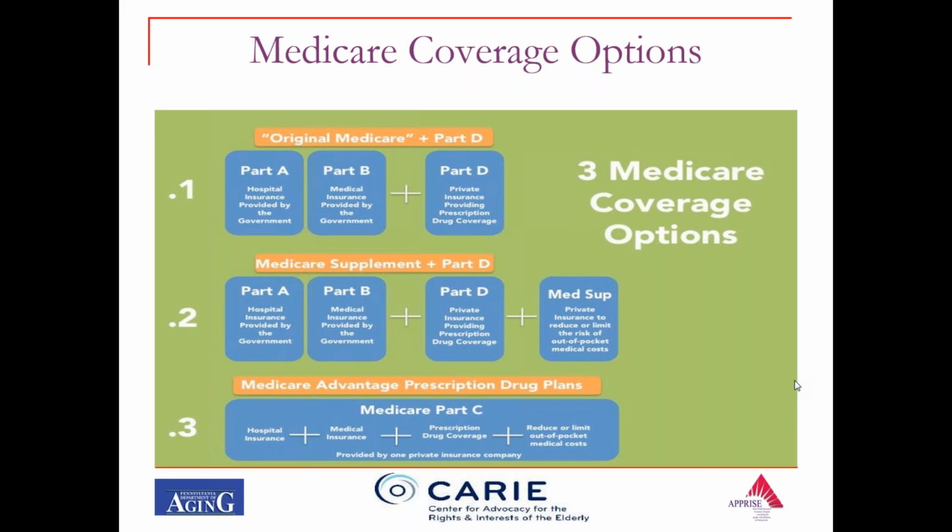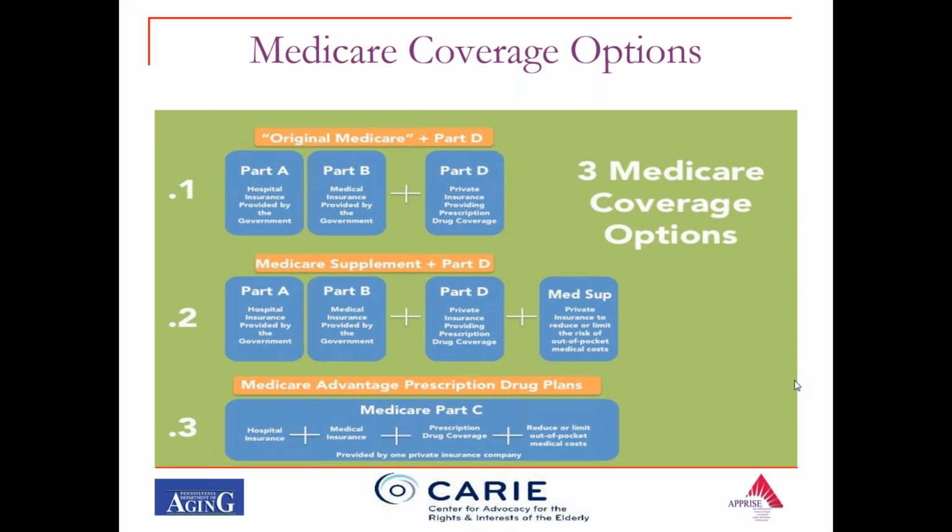Option one is having original Medicare, your red, white, and blue card, and prescription drug coverage. The second way, option two, is some folks have the red, white, and blue for their Part A and Part B, and they have a drug plan, and then they also get what's called a Medicare supplement plan or Medigap. They're interchangeable.